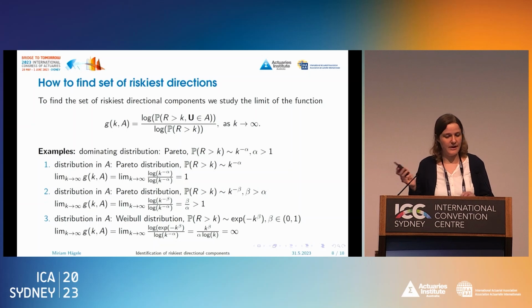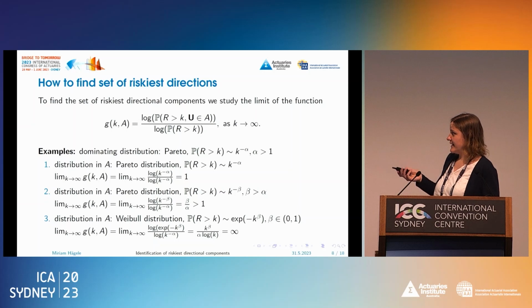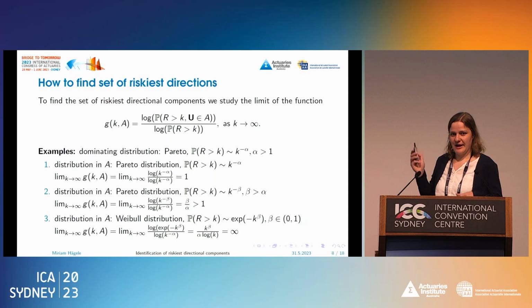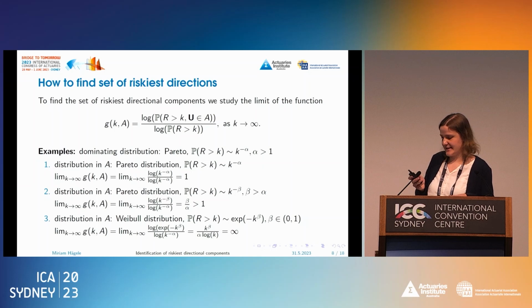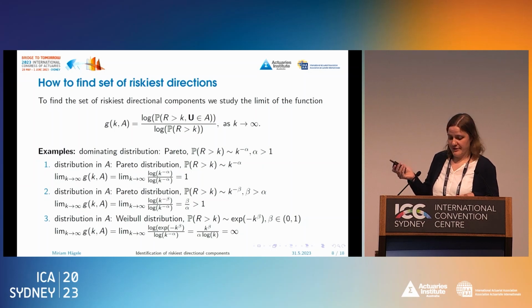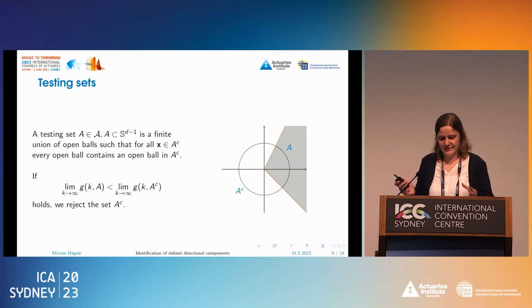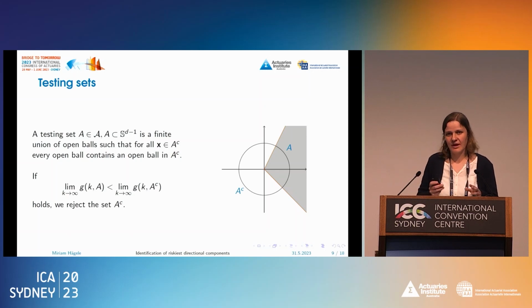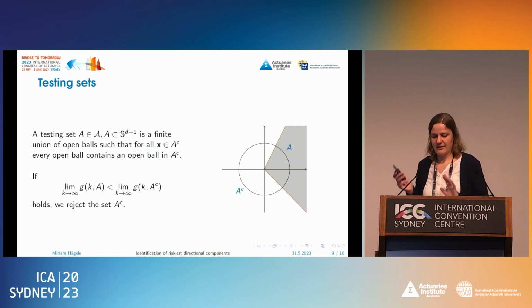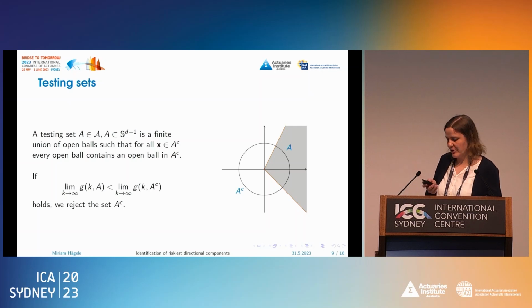And if we would take another distribution, for example a Weibull distribution, which is also a heavy tail distribution, but not as heavy as the Pareto distribution, then we see that the limit is infinity. And we use this function to find these kinds of testing sets. So we take some testing set, which would be an open ball, or a collection of open balls.